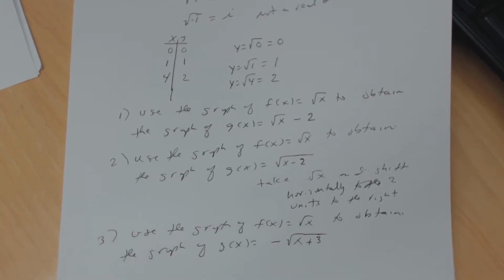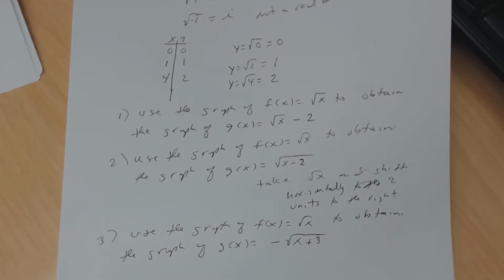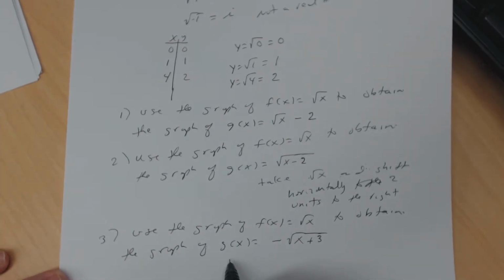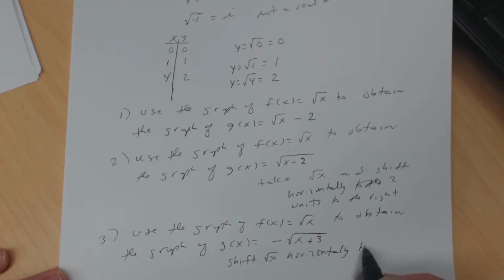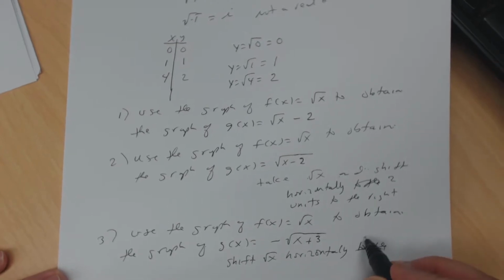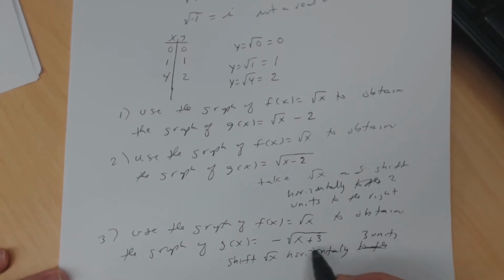Let's talk about what this is. You're going to shift the square root of x horizontally. And remember, it's counterintuitive. So don't say 3 units to the right.